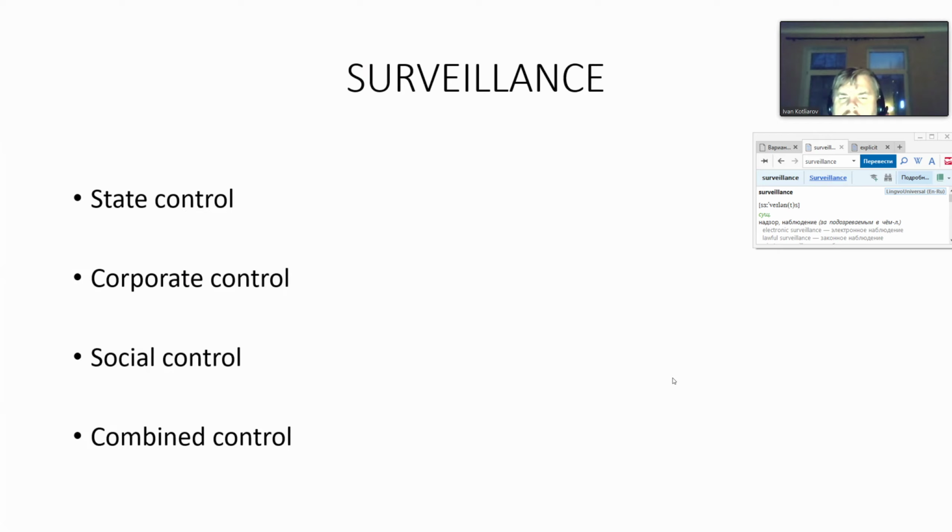Companies control our purchasing behavior in order to manipulate us, in order to make us buy more. And obviously, we are controlled as employees because companies want to, how should I say, make us as productive as possible. So they control our working behavior.